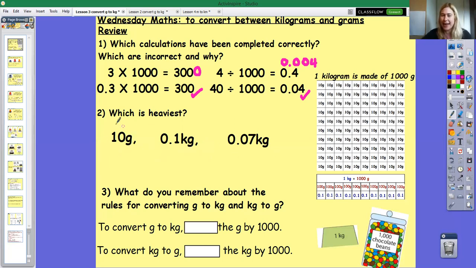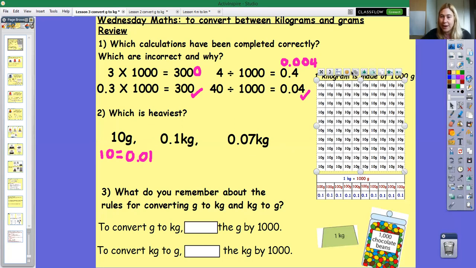So I think it would make sense to convert this one into kilograms, because then we'd have kilograms all across that we could convert. So I know that 10 grams is 1/100th of a kilogram. Okay, so I'm just going to write my 1/100th. Okay, 10 grams is 1/100th.